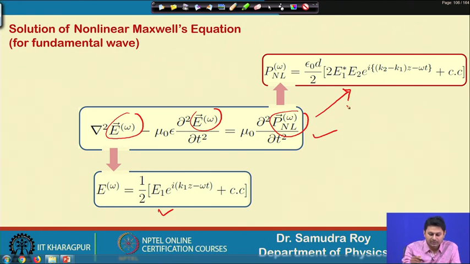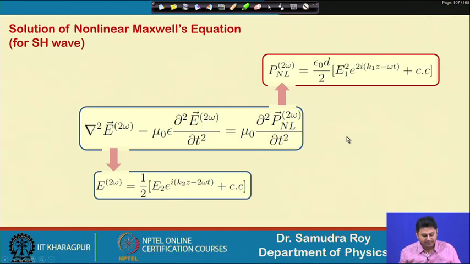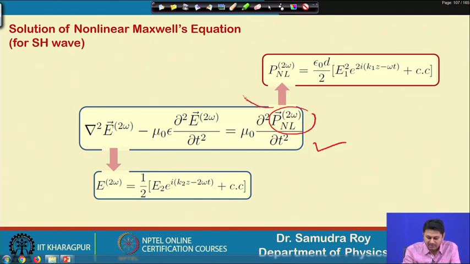Also for 2 omega, we will have, this is how the second harmonic is going to evolve. We will have this equation, this is a nonlinear Maxwell's equation, and P nonlinear, we just extracted that P nonlinear is nothing but this, where the frequency component P nonlinear 2 omega is the frequency component, and here we find the frequency component is really 2 omega.